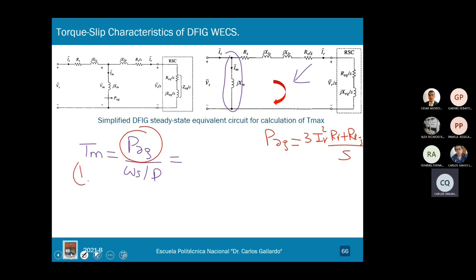So let's call this equation number 1, and this is equation number 2. Substituting equation number 2 into equation number 1, I will get the following formula.